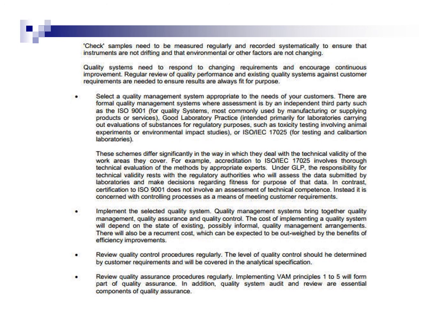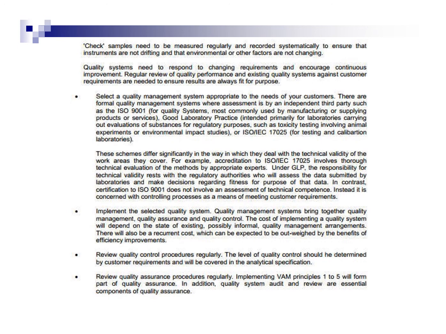Implement the selected quality system. Review the quality control procedure regularly. So class, when your management monitors all the progress properly, basically that is the QA and QC of principle number 6. In order to achieve principle number 6, principles number 1 to 5 should be followed properly.